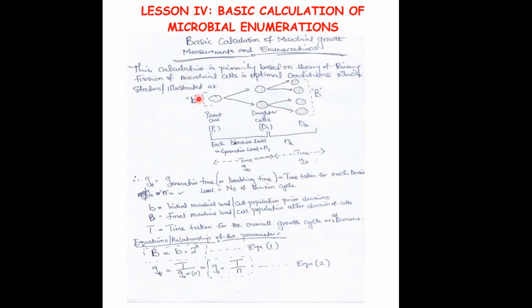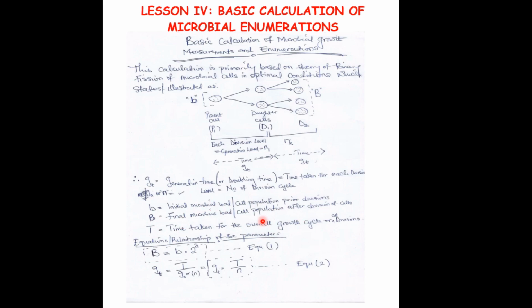Small b connotes the initial microbial load or cell population prior to the division, from the point of your assessment, from the time you want to assess. While the big B connotes the final microbial load or cell population after the number of divisions the cells have undergone.